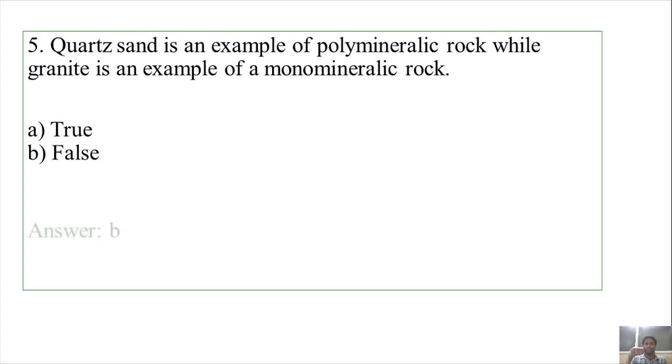Of course it is a false statement, because quartz has a single mineral, that is the white colored mineral quartzite, whereas granite has different minerals. Granite is available in red, black, white, etc. That is polymineralic.